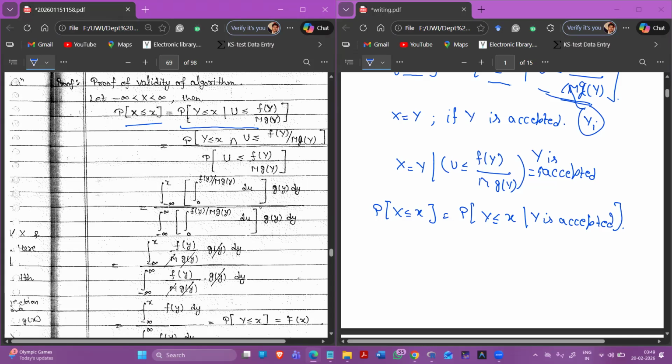Now come again to the next line in the proof. When a conditional probability is given, how do you write it?